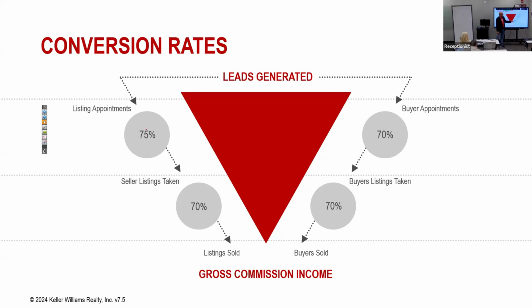And over here, 70% of your buyer's agents or your buyer agency consults will convert into a signed contract. And 70% of buyer listings you'll actually get to closing. Where do these numbers come from, guys? History. History?